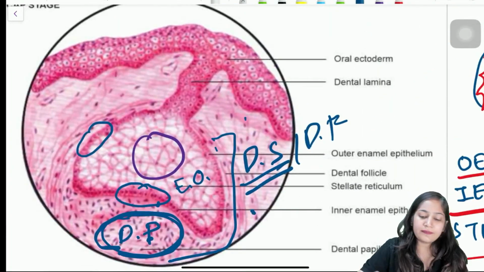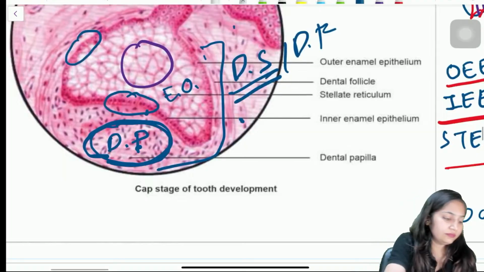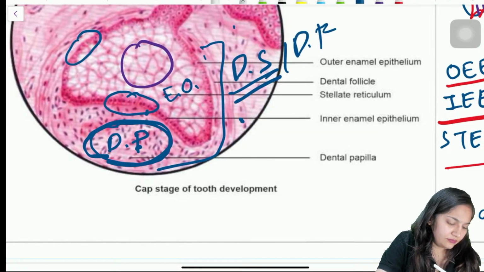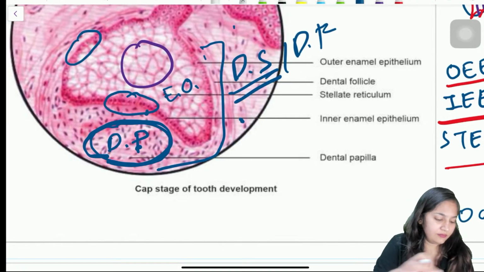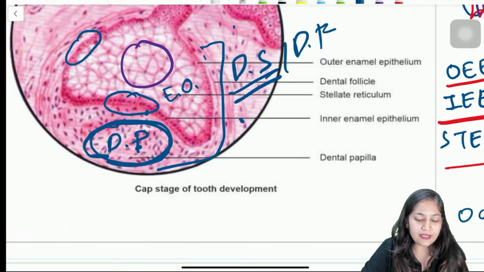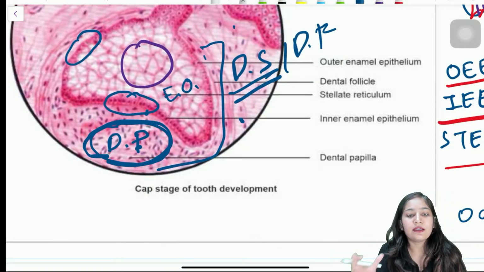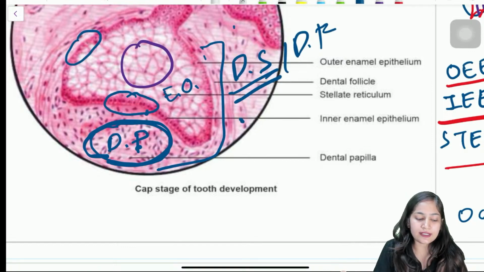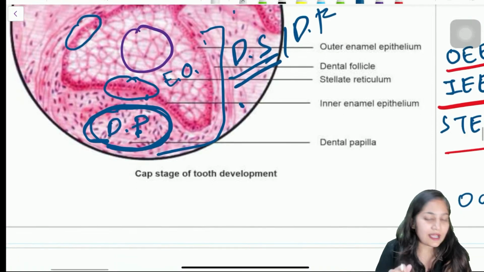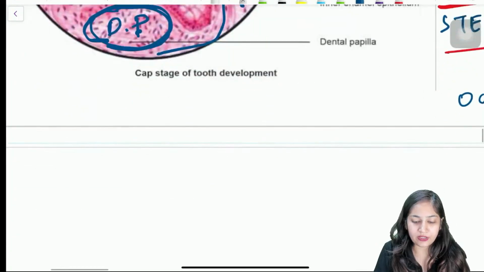Anyone can answer? Yes, stellate reticulum, and its function is mainly providing cushion-like consistency and protecting the underlying enamel forming cells. Okay. So I think you all have understood this.